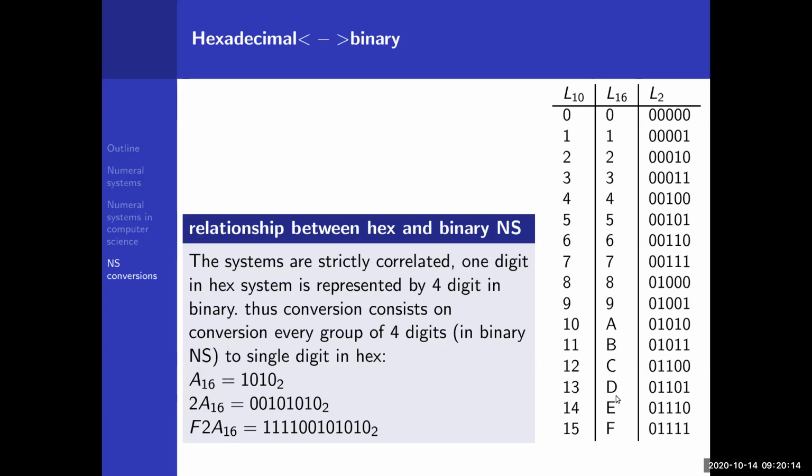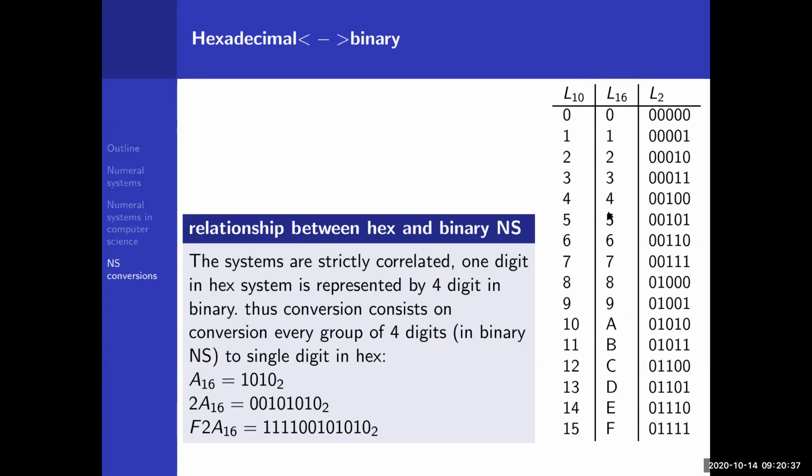So we have 16 digits. We have 10 digits like in the decimal system, and additionally we have A, B, C, D, E, F. So we have 6 additional elements here.